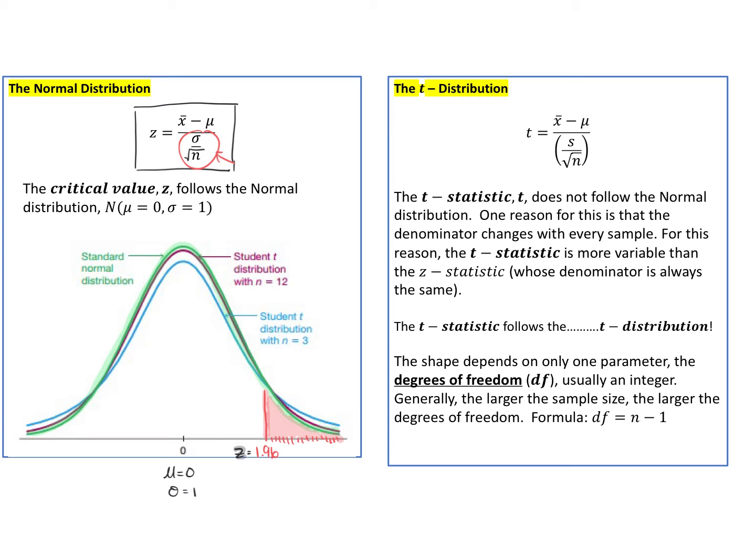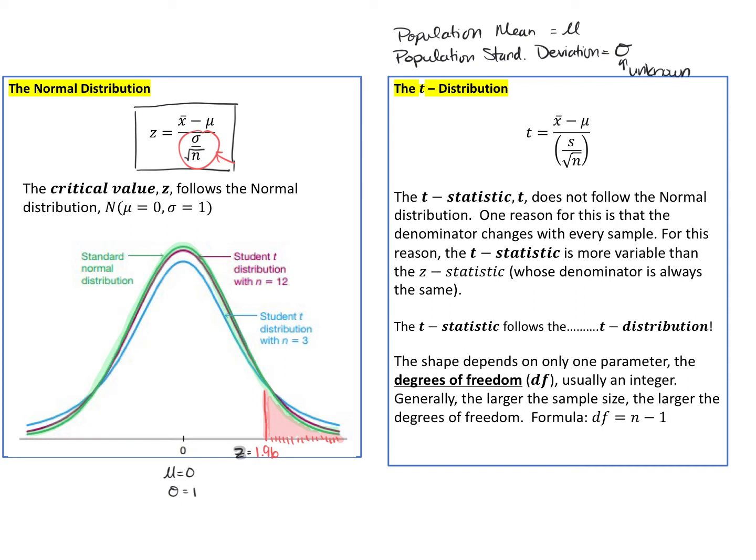So oftentimes when we are looking at data, it's very rare that we know the population standard deviation. The notation we use for that is sigma. So a lot of times if the population mean, which we call mu, is unknown, then the population standard deviation is also going to be unknown.